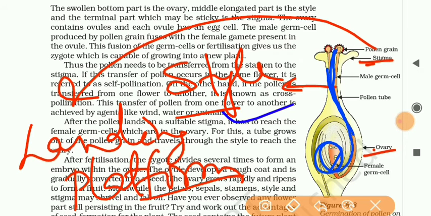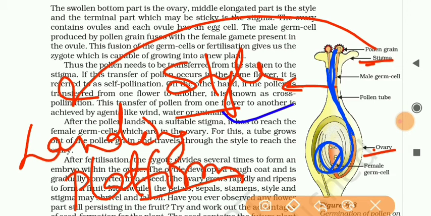The ovary has the ovules, and the ovule has the embryo sac, and the embryo sac has the egg cell.